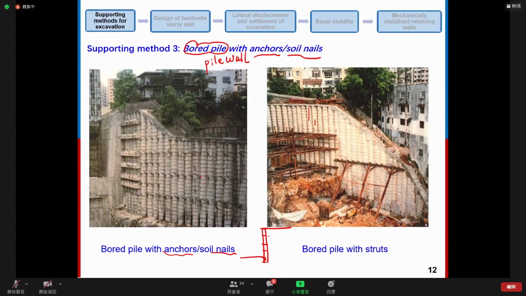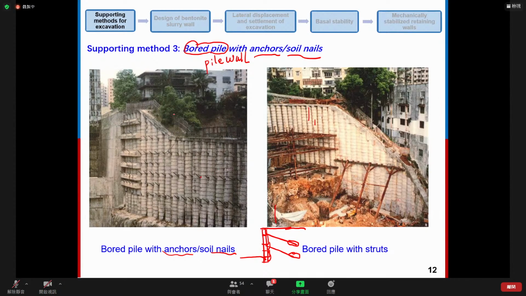If we install soil nails or soil anchors, they're going to penetrate into the soil behind the bored pile wall.